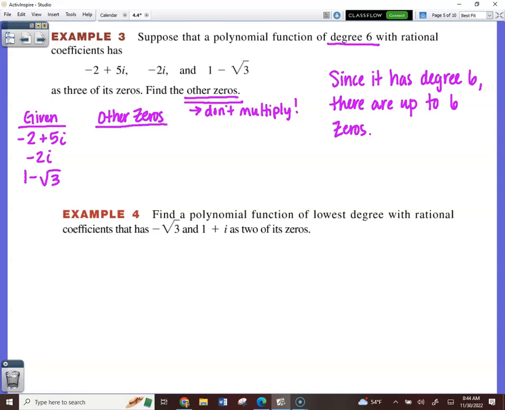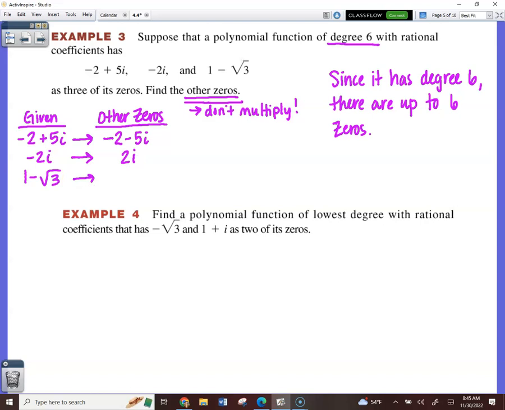Now my second list is where I say, okay, my other zeros that I know have to exist come directly from the ones they gave me. You're just changing the sign of the imaginary part or the radical part, okay? That's the only one that gets a sign change. So if negative 2 plus 5i is a zero, then what else is a zero? Negative 2 minus 5i. If negative 2i is a zero, then what else is a zero? 2i.